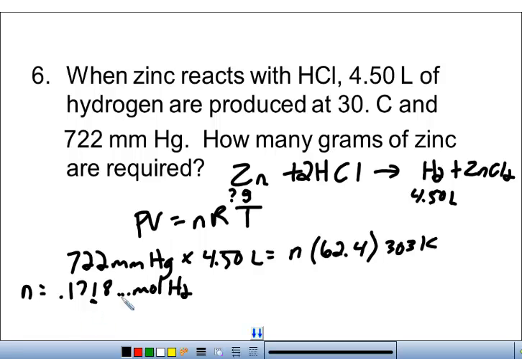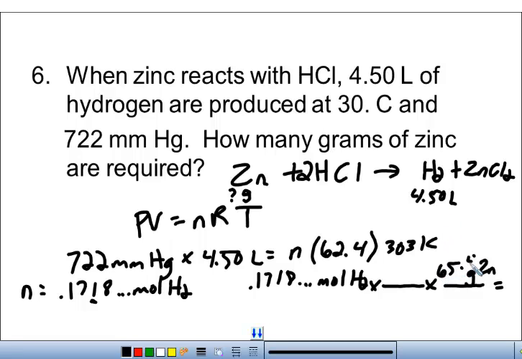Now we're using stoichiometry. I need to go from moles of hydrogen to grams of zinc. That means we need 2 conversion factors. So I'm going to start that equation right here, 0.1718, because I have more significant figures. I need to get the grams of zinc. Grams of zinc from the periodic table, 65.41, for every 1 mole of zinc.